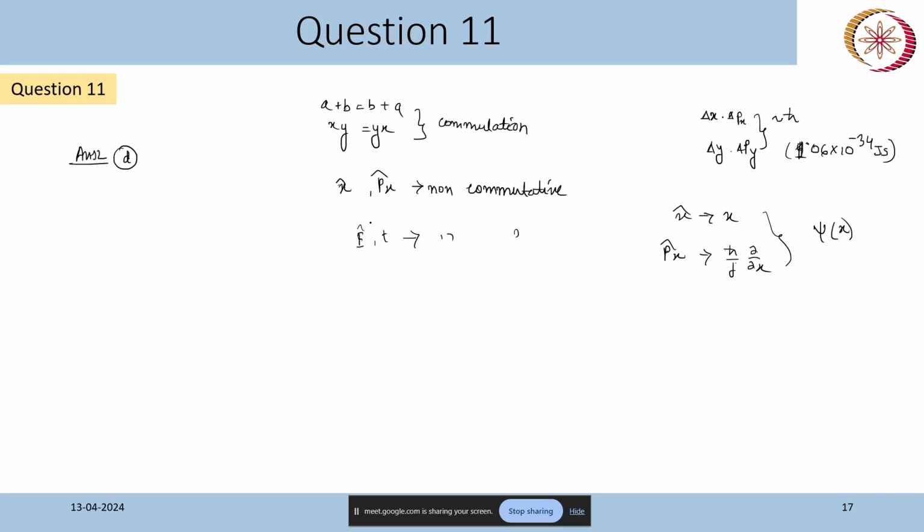I will give the proof for this quickly. It's a very simple derivation.